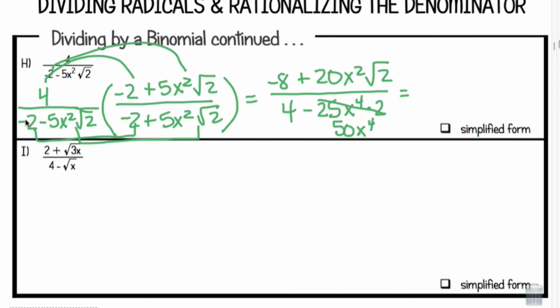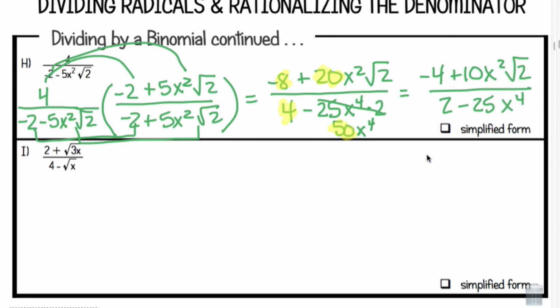And then from there I can see that all these numbers are divisible by 2. So I want to simplify. So I'll have negative 4 plus 10x squared square root 2 divided by 2 minus 25x to the 4th. And it is in simplified form.